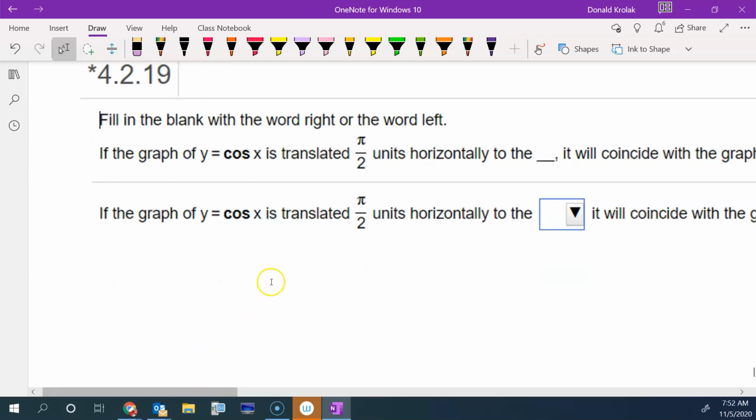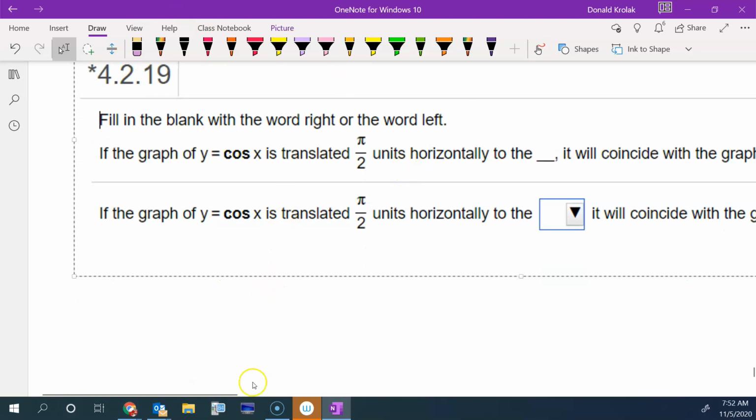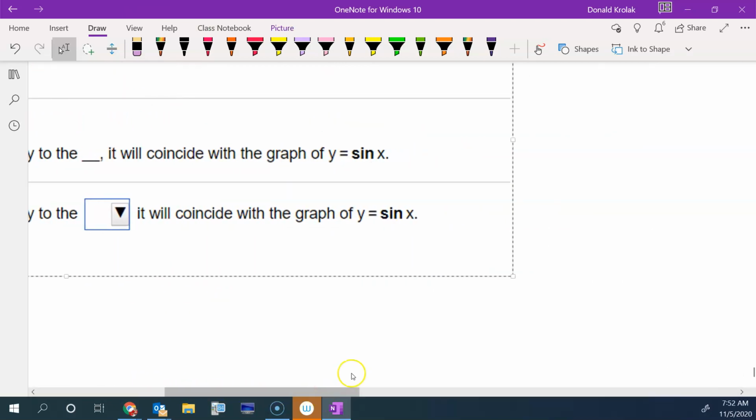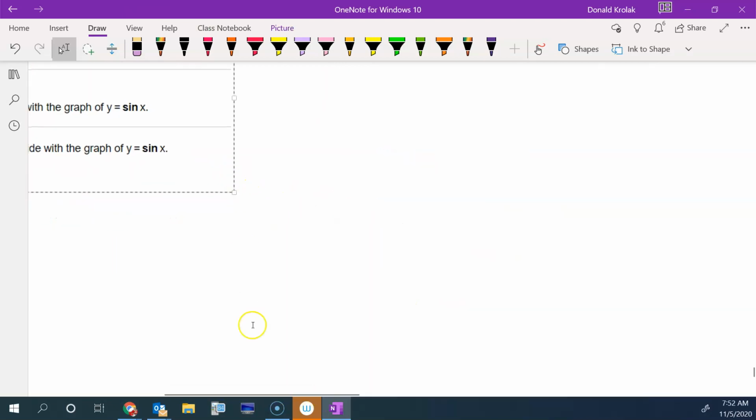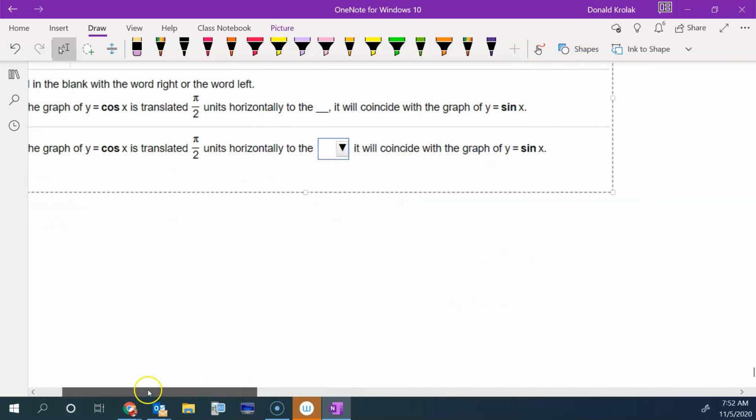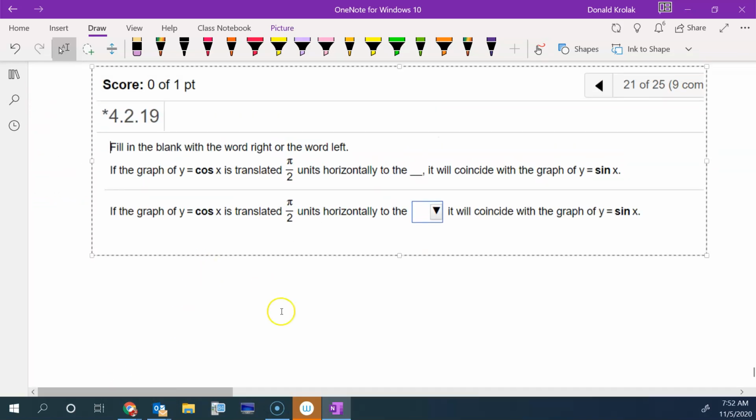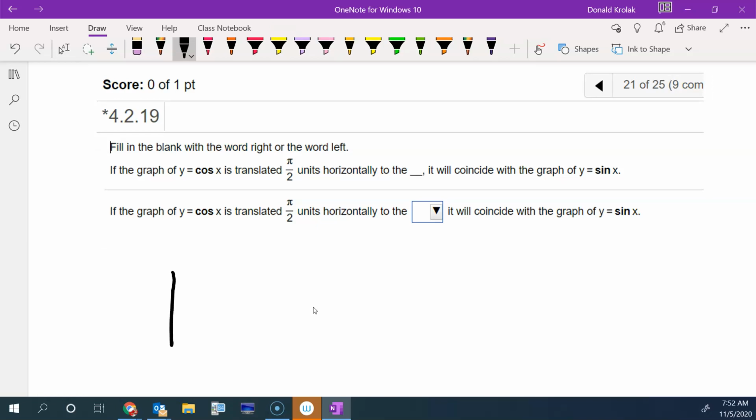All right, so what this question's asking you is, how do you move a cosine graph to turn it into a sine graph? If I did a cosine graph here, it would look like this. Okay, here's cosine.